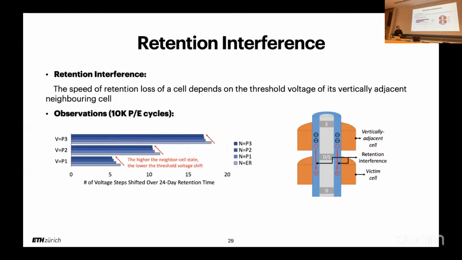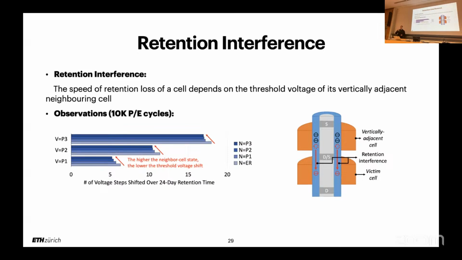Now, what the paper notes after 10,000 program erase cycles is that for 3 different victim cells, so that would be this cell here, with 4 different types of neighbors, these are the different shades of blue, for the neighbor in the highest state, so this would be the state P3, which has the most electrons stored in it, the change in the threshold voltage distribution is the smallest.